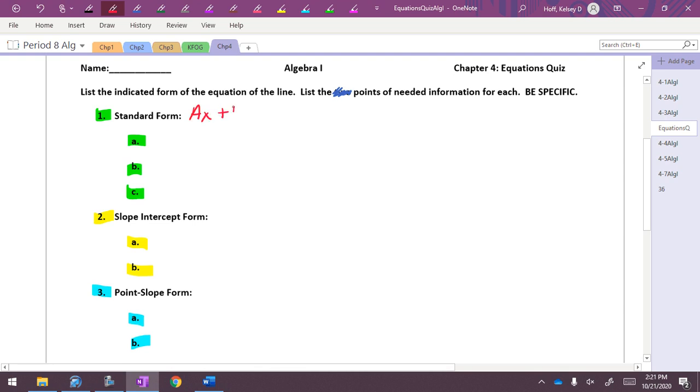AX plus BY equals C. Three rules. Jack. A must be positive. Rhiannon. A, B, and C must be integers.